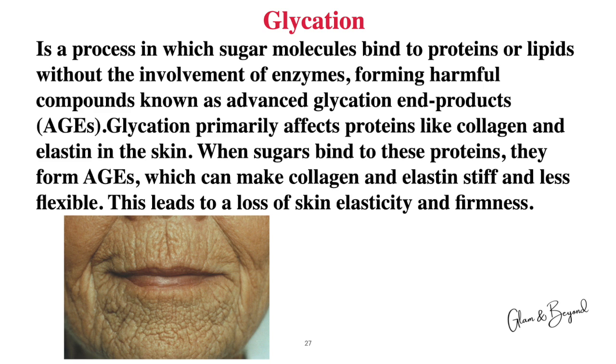When sugars bind to these proteins, they form AGEs, which can make collagen and elastin stiff and less flexible. This leads to a loss of skin elasticity and firmness. And I included a picture there so you guys can see what glycation looks like on the skin.